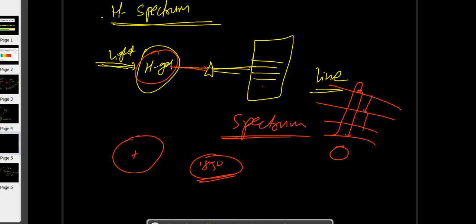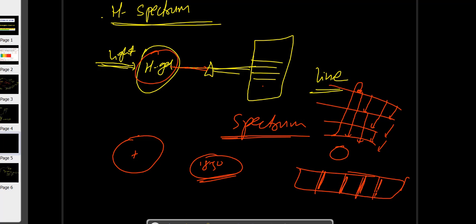From here to here it can come directly, or it can come here and then here. So many variations are there, so many different lines are coming. They observed different lines in this spectrum. Why are these lines there, with different wavelengths? So he explained it like this.